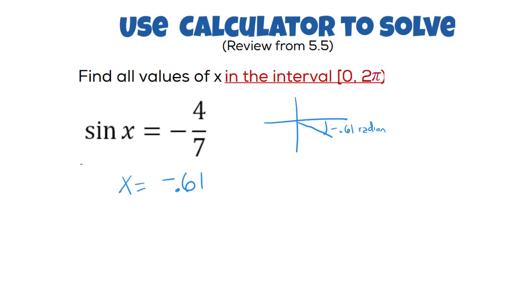The problem that I have with that answer is that it does not fall within the range I want. The one we did in class earlier was a tangent, and tangent works nicely because they are identical when they're straight across from one another. This one's a sine. They are not the same when they are straight across from one another. Where else would I have an angle with this exact same sine value?